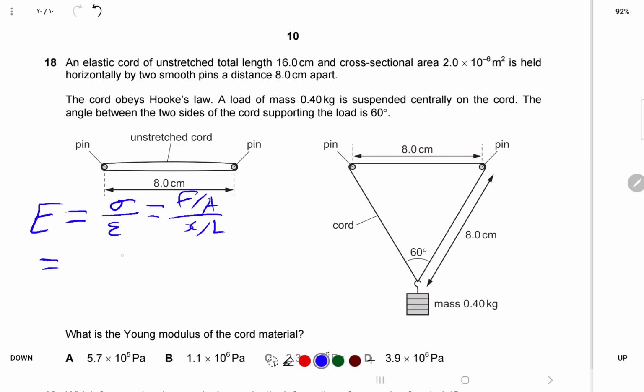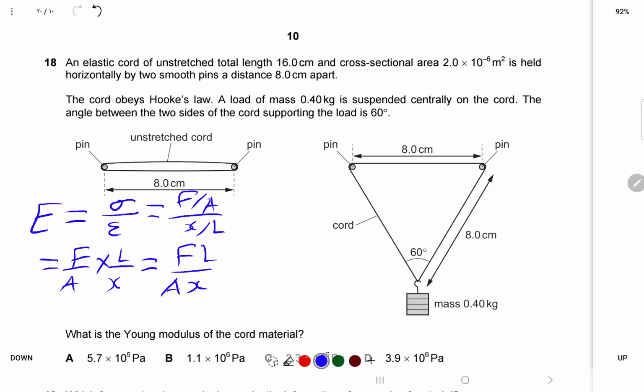If you simplify this, force over area times, if you skip multiply flip, length over extension. This will be FL over AX. So here the original length is given, which is 16. Area is also given in the question. We need extension and we need the tension, the force.